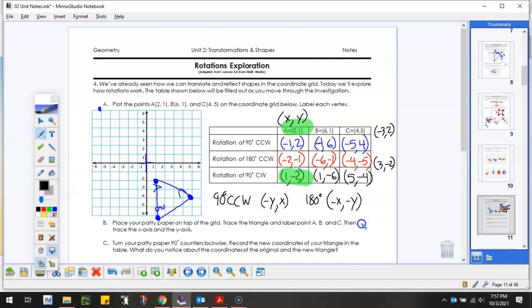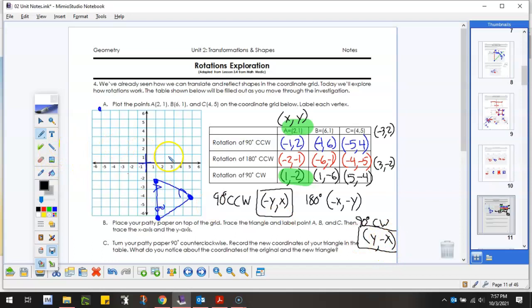So with this 90 degree clockwise, the y is now the x coordinate, and the x is now the opposite. There's a very similar, subtle difference between the two directions. The x and y switch, but the y changes sign when we go counterclockwise, and the x changes sign when we go clockwise.